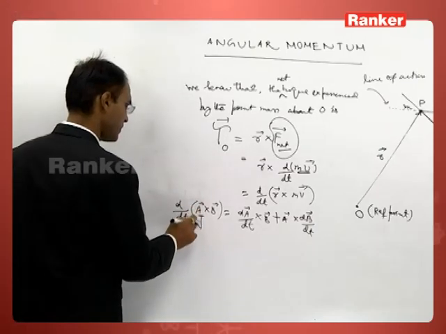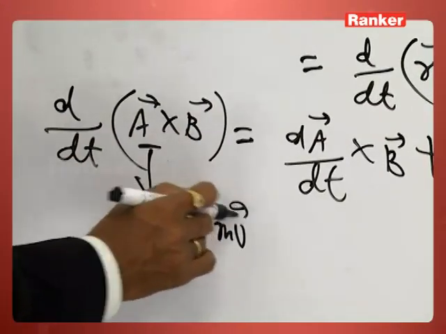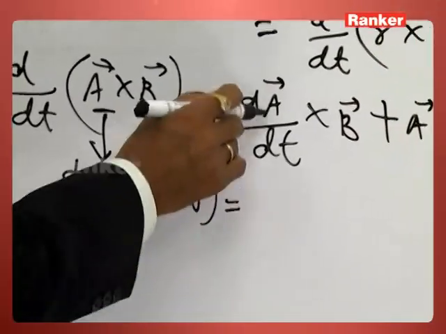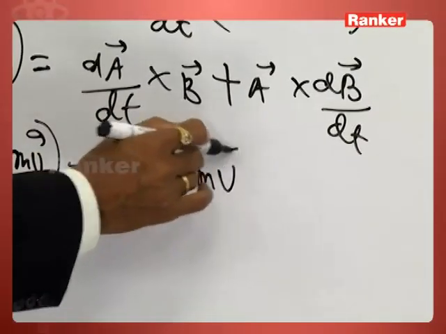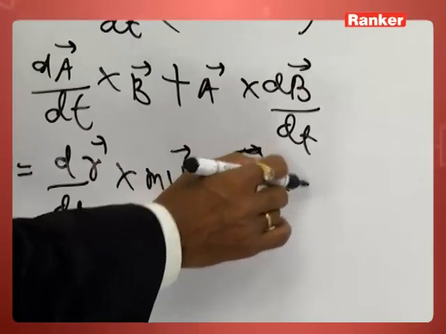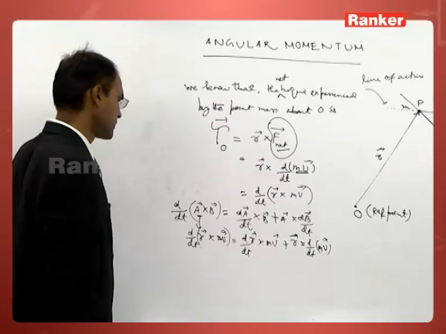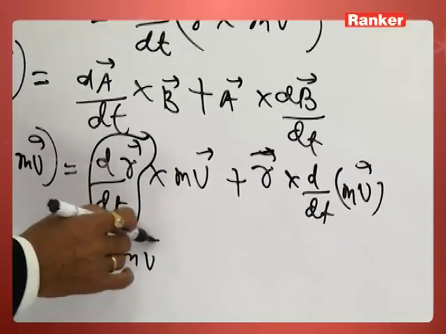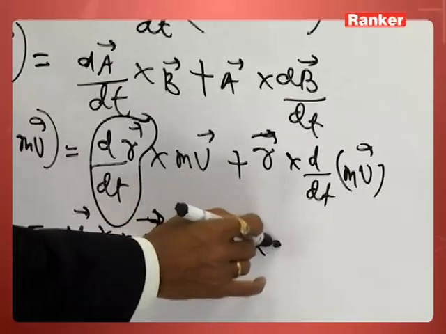Here A vector is R vector, B vector is mv vector. So d by dt of R cross mv is d by dt of R vector cross mv plus R vector cross d by dt of mv vector. Since the rate of change of position vector is the velocity vector, the first term becomes V cross mv, and the second term will remain as it is.